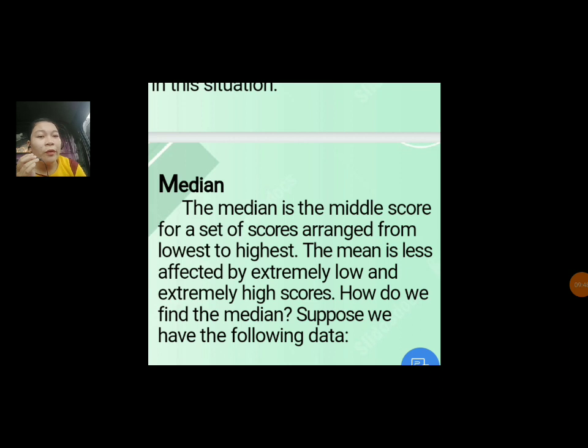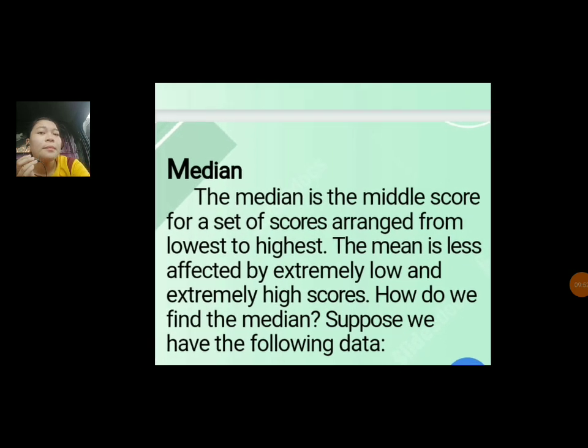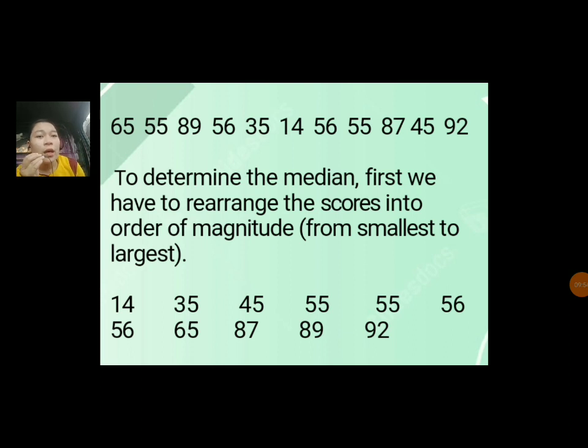So how do we find the median? Suppose we have the following data. How do we get the median? We have the following data: 65, 55, 89, 56, 35, 14, 56, 55, 87, 45, and 92. To determine the median, the first thing to do is rearrange the scores in order of magnitude, from smallest to largest.